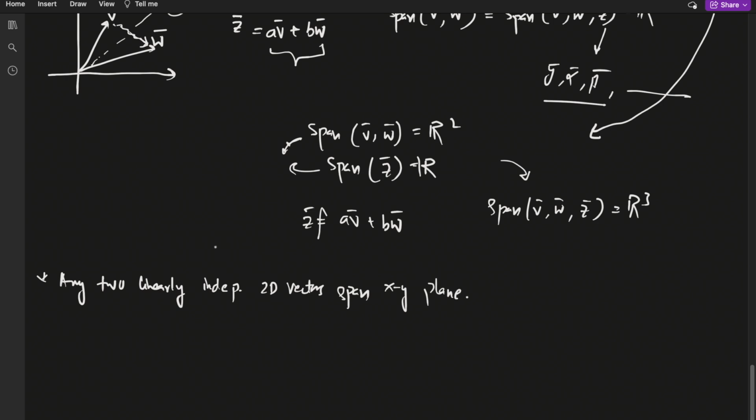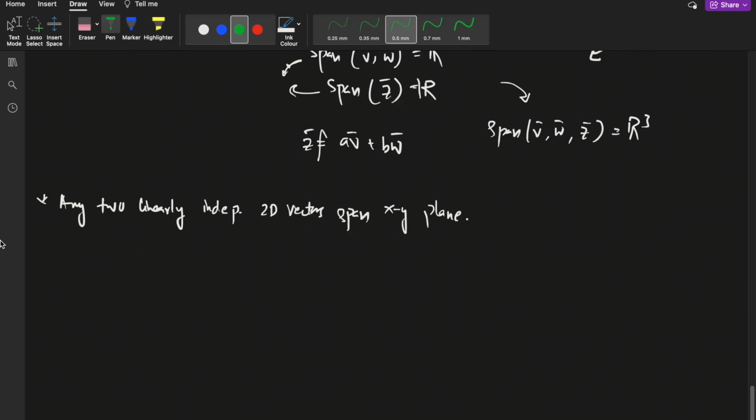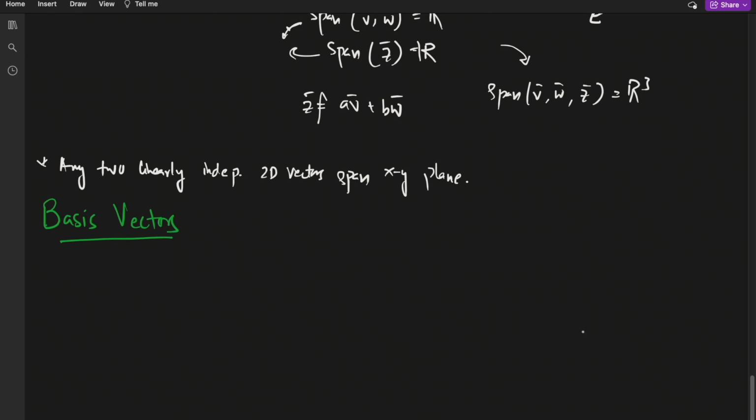All right. Now at the end I will just mention the basis vector concept as well, from the point of spans. Last time I already introduced basis vectors. Now we will get to the definition of basis vectors in terms of span.